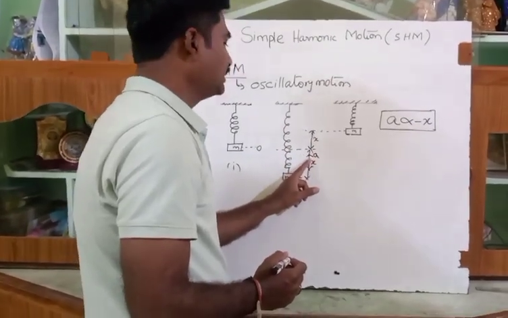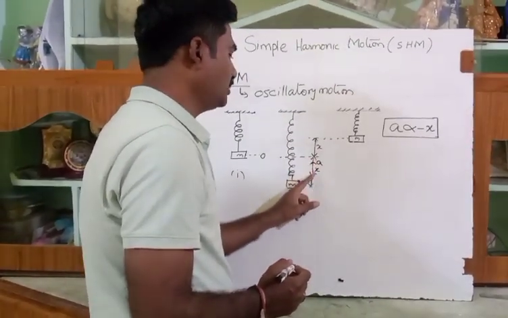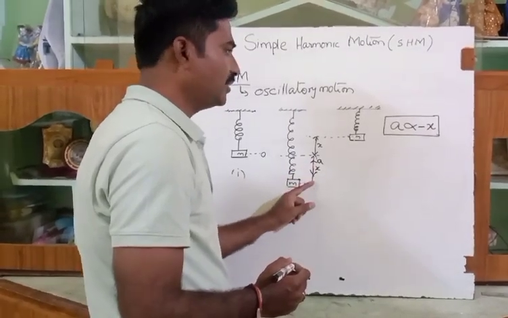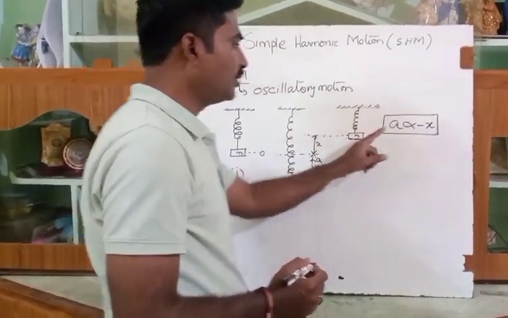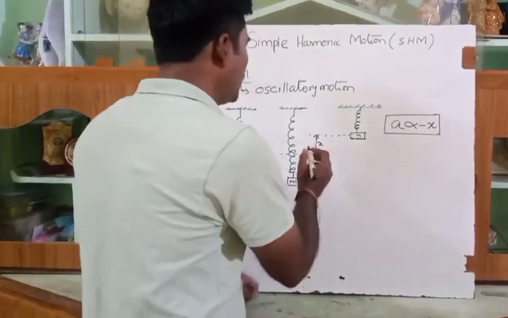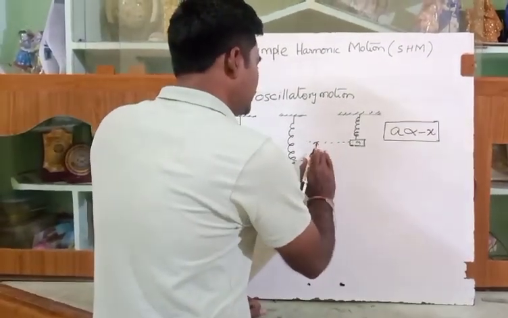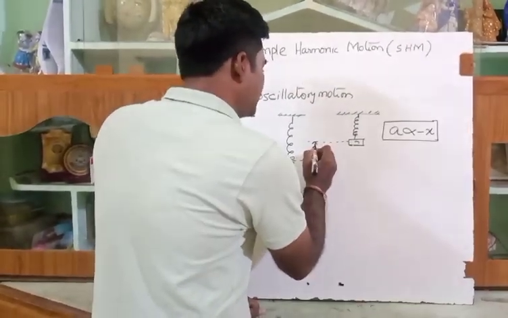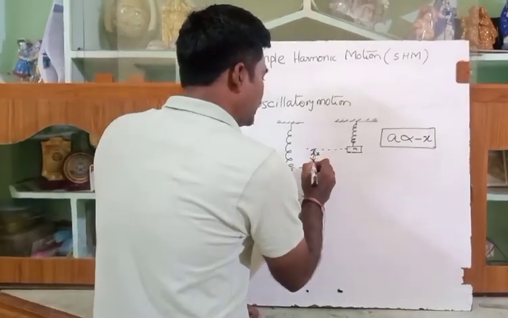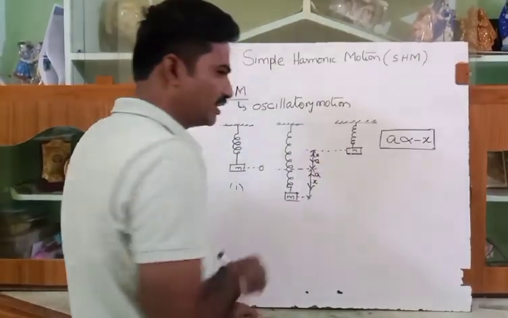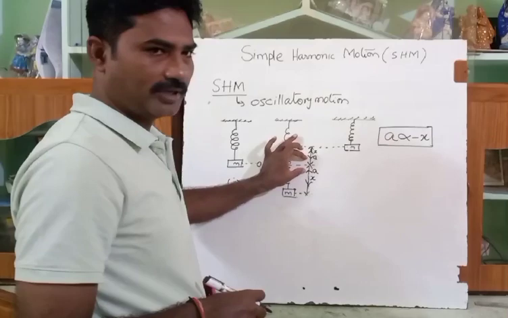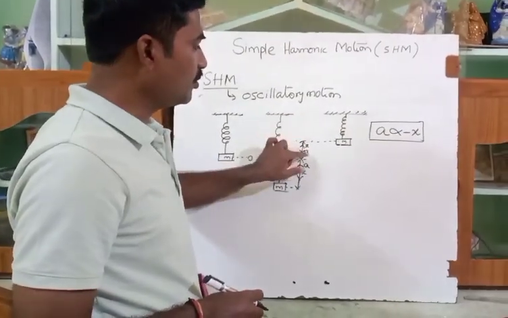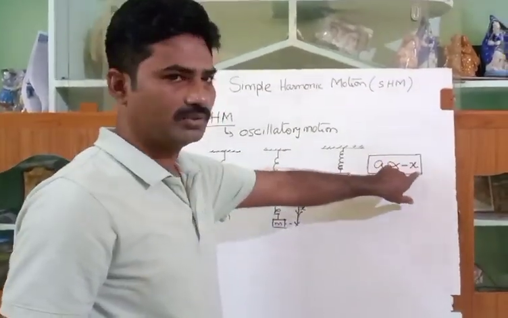Acceleration is directed towards the mean position, but displacement is away from the mean position. Both are in opposite direction. The above case is also true. Here the displacement is in upward direction and the acceleration is in downward direction, meaning the acceleration is towards the mean position. In this case also both A and X are opposite to each other.